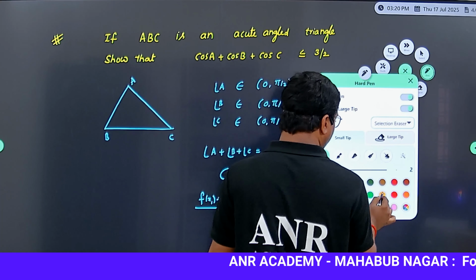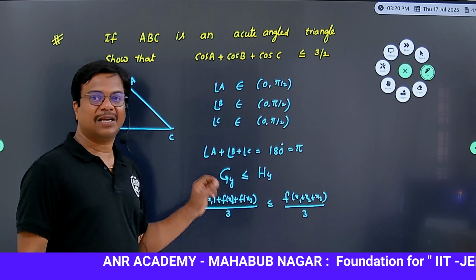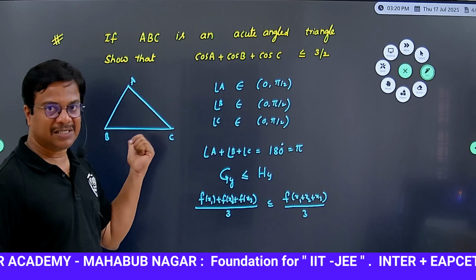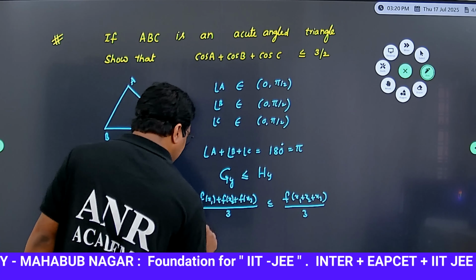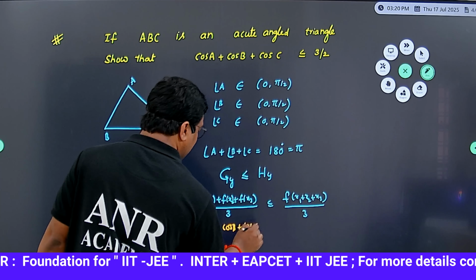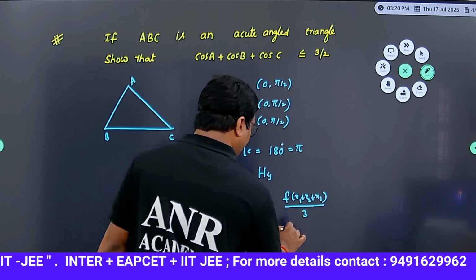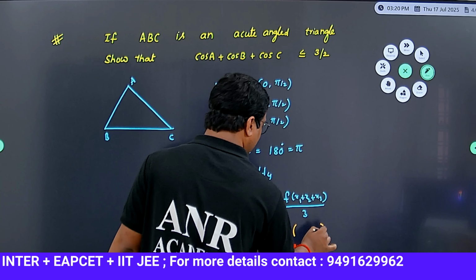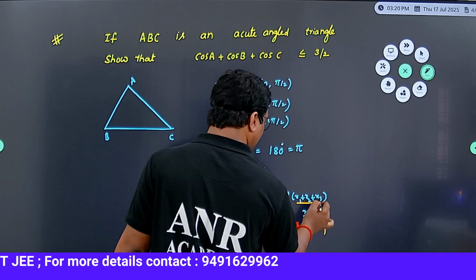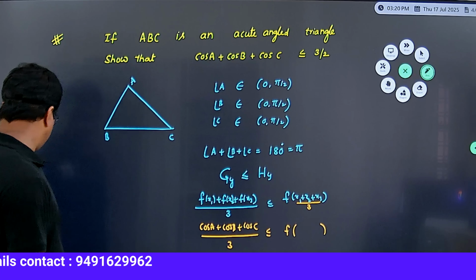And now, since x1, x2, x3 are A, B, C and the function f(x) here is clearly cos x, I can write this as (cos A + cos B + cos C)/3, which is less than or equal to f of the internal part, (x1 + x2 + x3)/3.